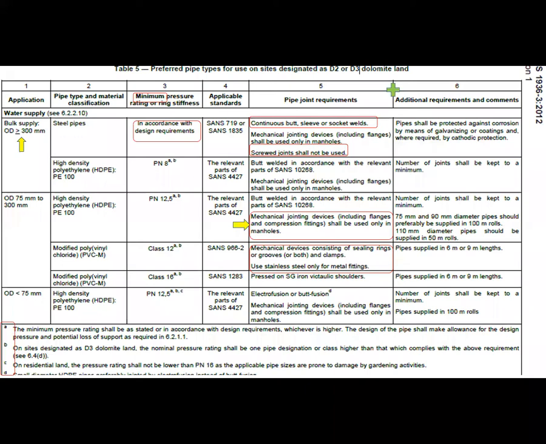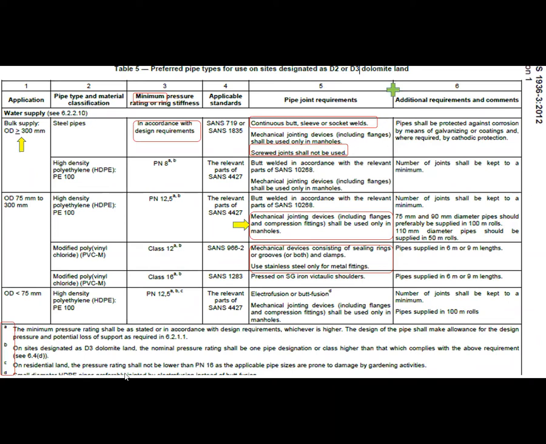And then anything with a diameter less than 75 millimeters, they recommend HDPE, with a 12.5 pressure rating that it can handle. And they say that electrofusion or butt fusion is required. And can you see there's reference to D? Now, D basically, if you read it, and I do apologize, it just didn't come out nicely on the screen.